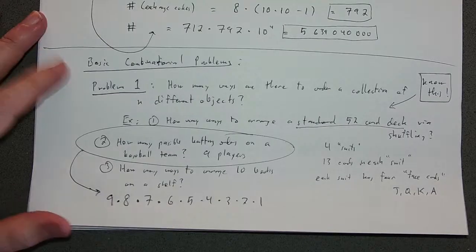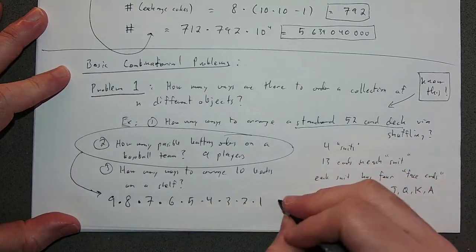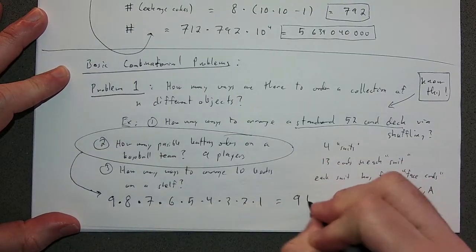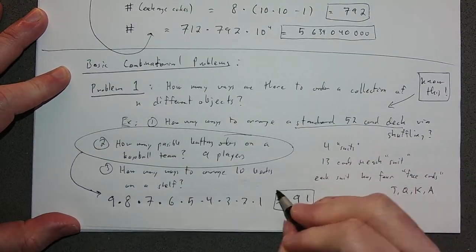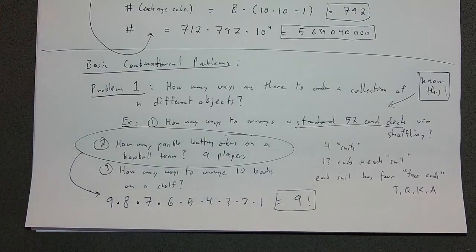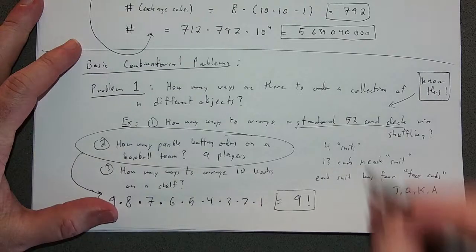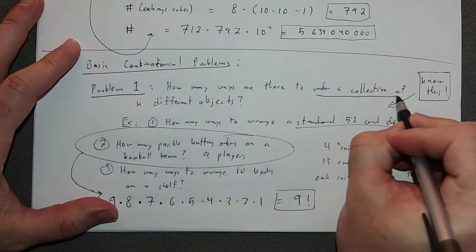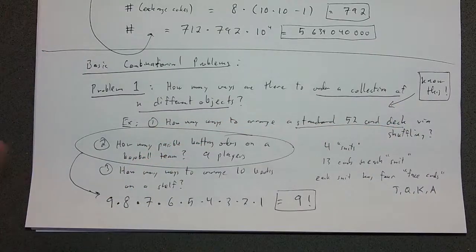Okay. Of course, you recognize this. You can rewrite this as 9 factorial. That is what this notation means here. So then, what is it that we are counting? Ordering a collection of n different objects.